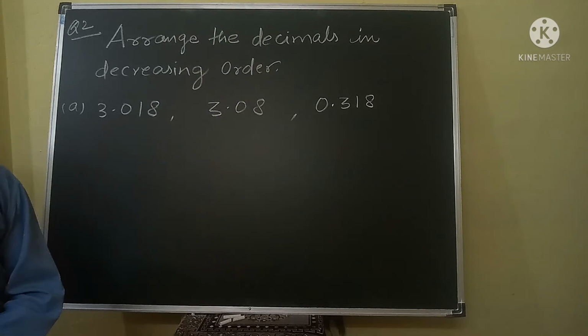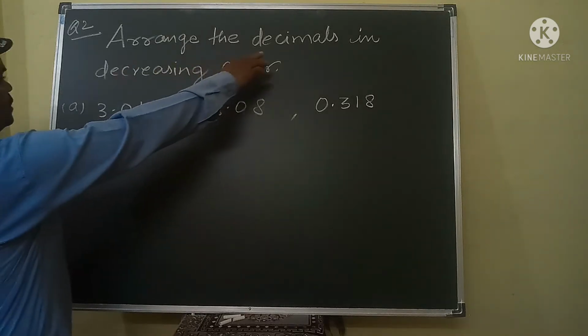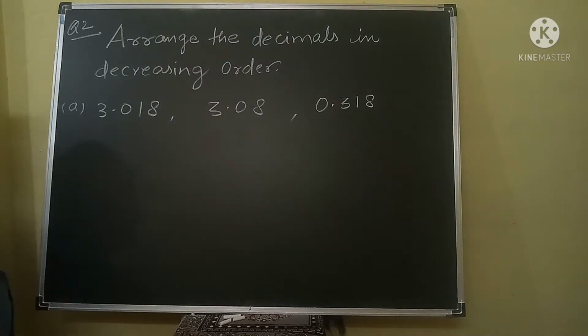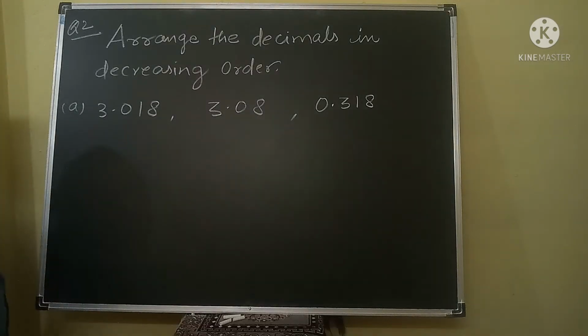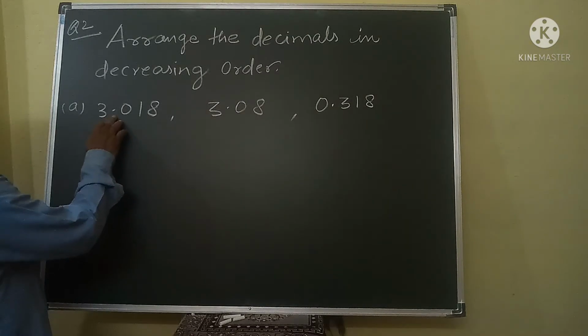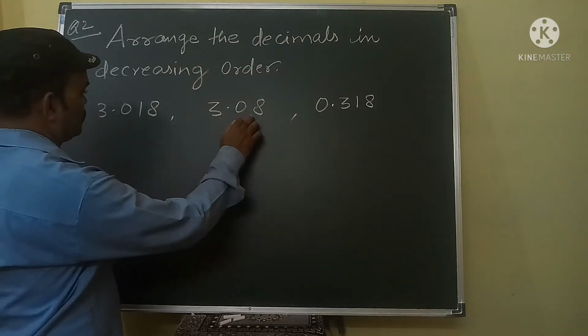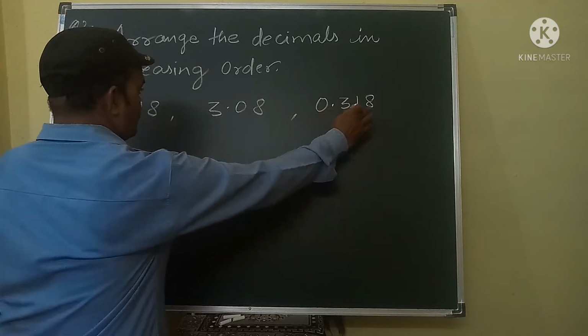Arrange the decimals in decreasing order. My dear students, as you are looking, there are 3 decimal numbers: 3.018, 3.08, and 0.318.